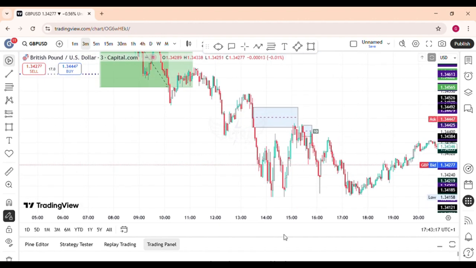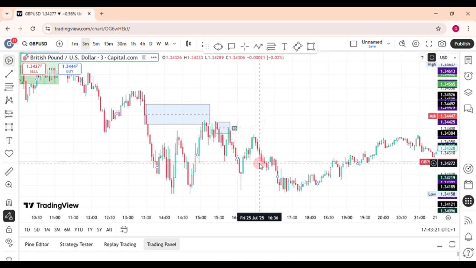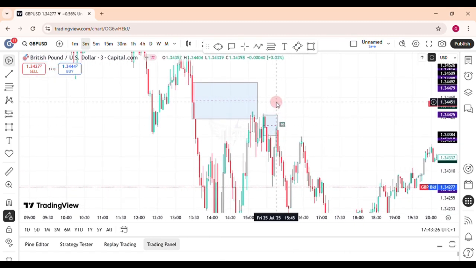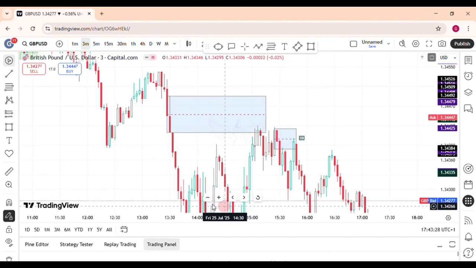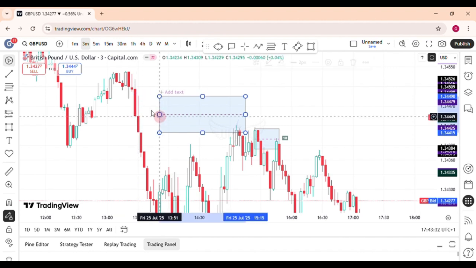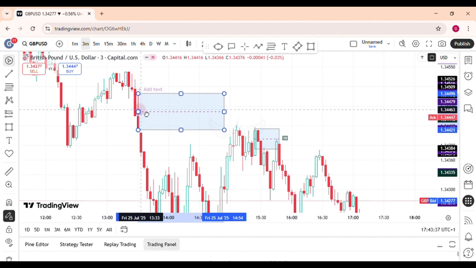And the next trade, which is our trade number 10, the last but not the least, we have on Friday at 3 p.m. As market taps into this fair value gap right here, we highlighted this whole candle. So we have a fair value gap market respected.